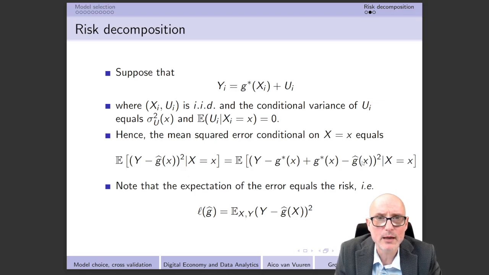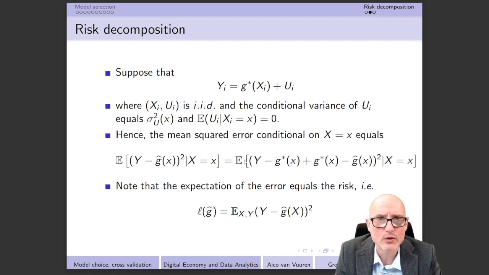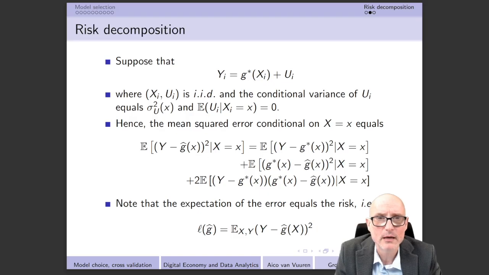If I do that, I get to this step. Take into account that I have done one additional step: this was all under the mean, so officially I get a mean of a sum, but I can write that as a sum of means, these three means. The first part is related to the first two elements but squared, this is based on the last two elements but squared, and this is of course the cross term.